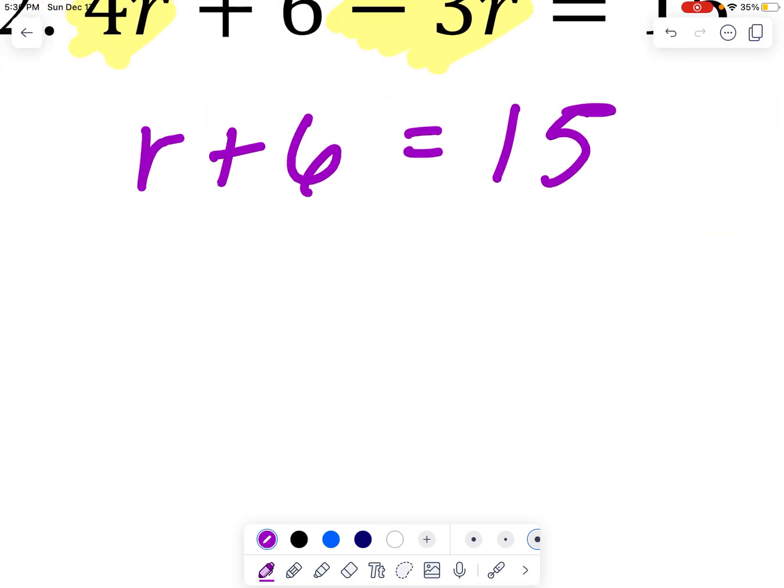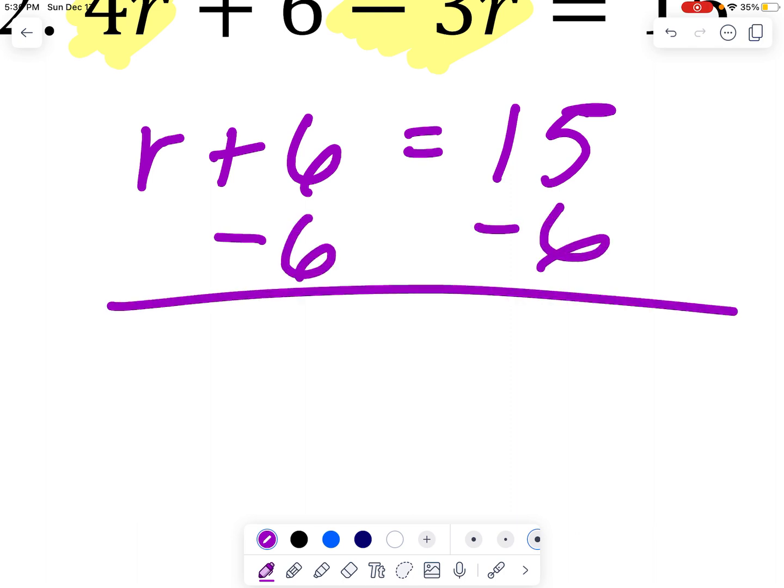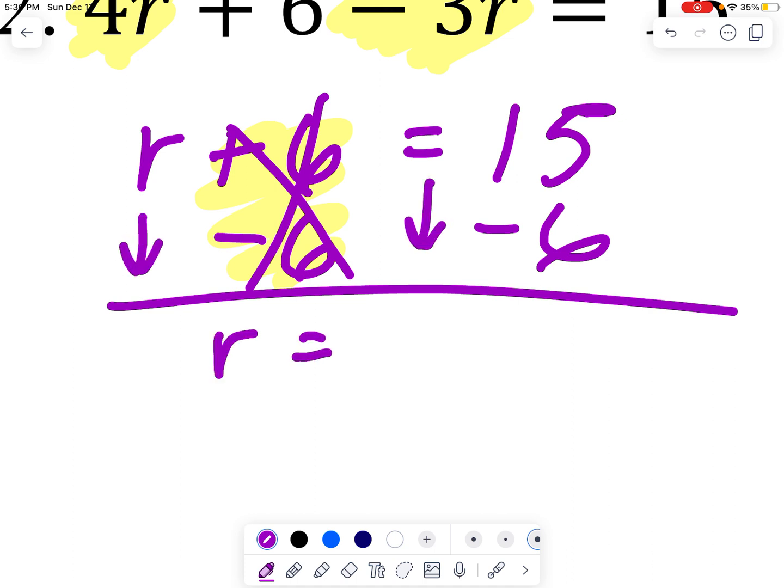There is only one operation. It's a plus sign. So in order to get rid of that +6, you're going to subtract 6 on both sides. Draw your line. Here are your opposites. They're going to cancel out. I'm going to bring down the R and the equal sign.